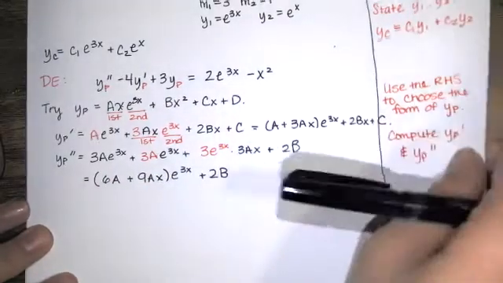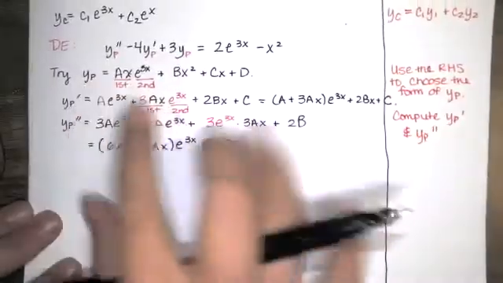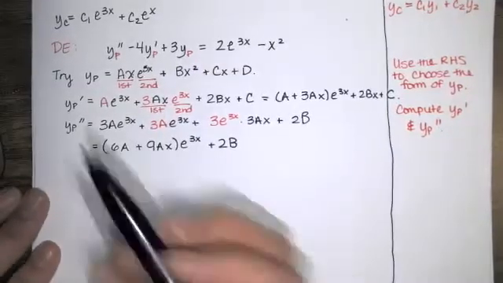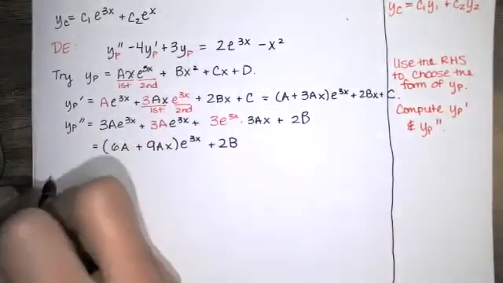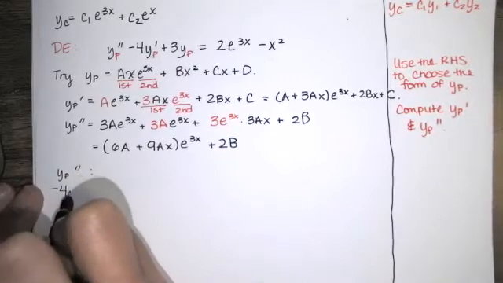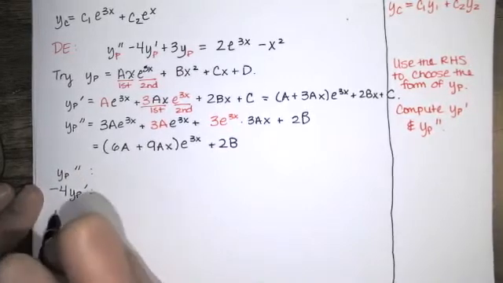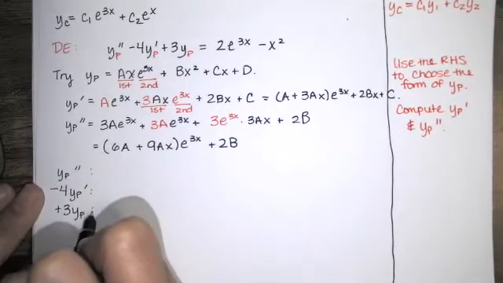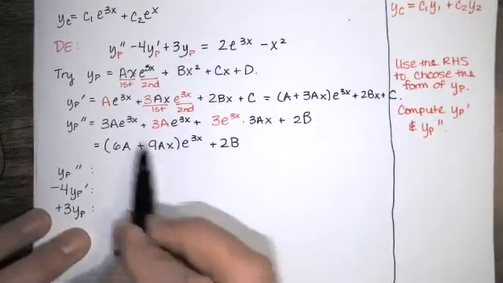Let's figure out what a, b, c, and d would have to be so that this function satisfies this equation. So I will add vertically. So I'll have y sub p double prime here, minus 4 times y sub p prime, plus 3 times y sub p here. Y sub p double prime was this.